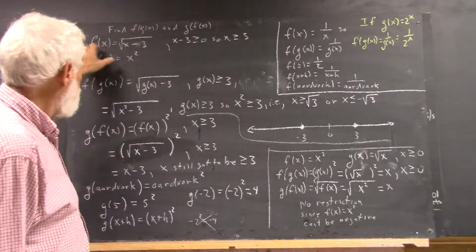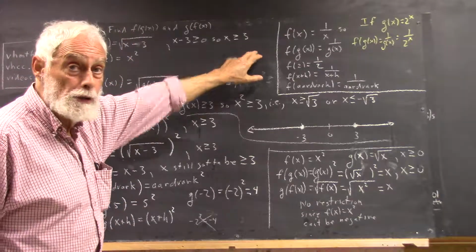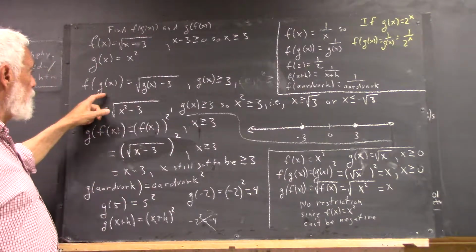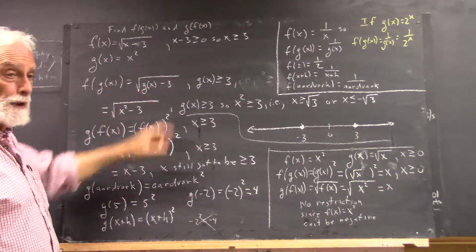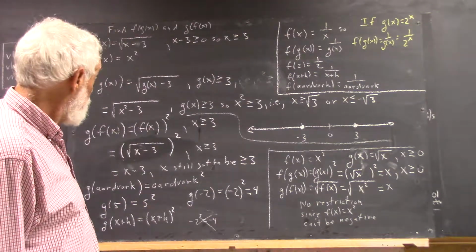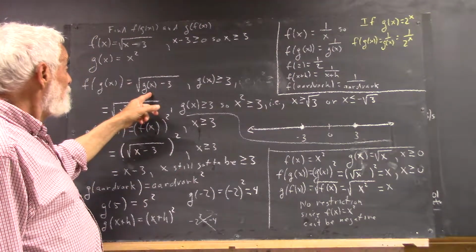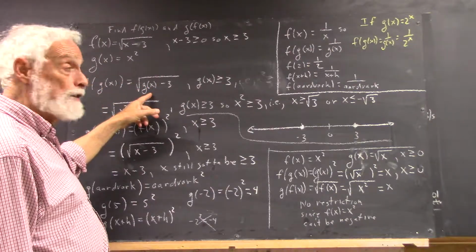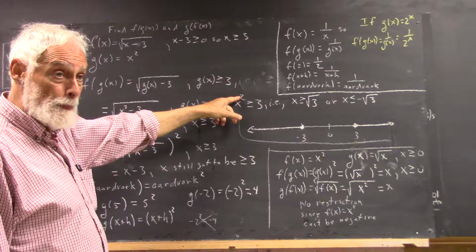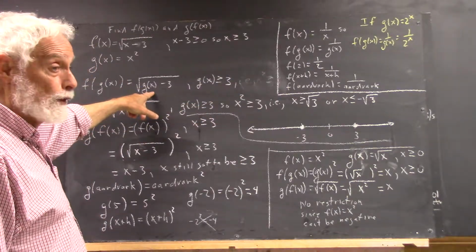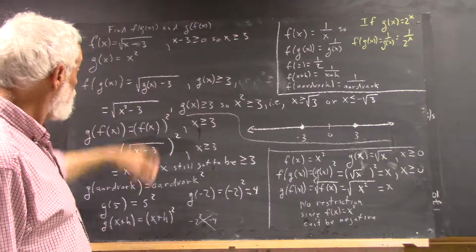So whatever we put into f of x has to be greater than or equal to 3. So when you say f of g of x is the square root of g of x minus 3, well, yeah, okay, but there's a restriction. g of x, the thing that we're plugging into the f function, has to be greater than or equal to 3. If g of x isn't greater than or equal to 3, you're going to get a negative number here, aren't you?